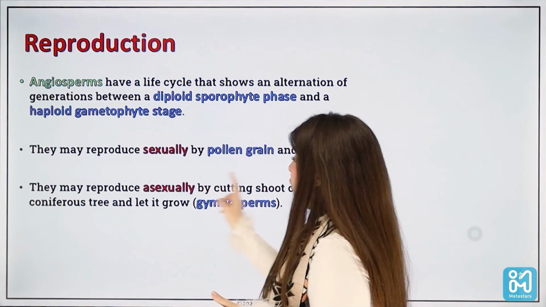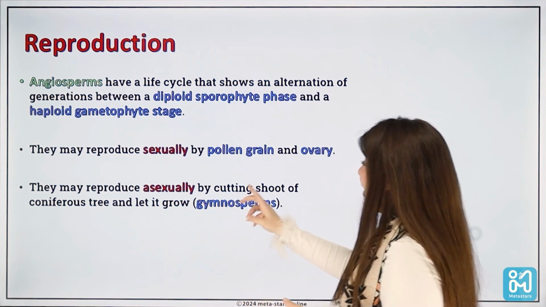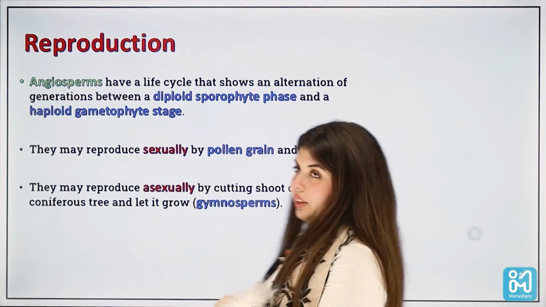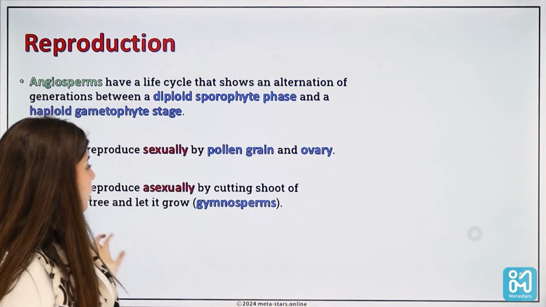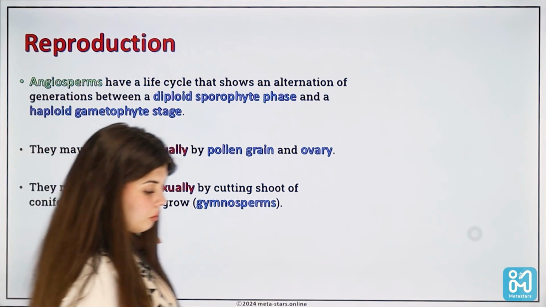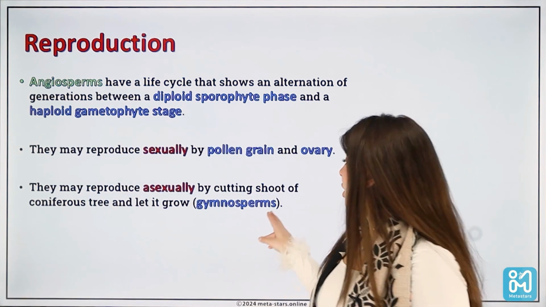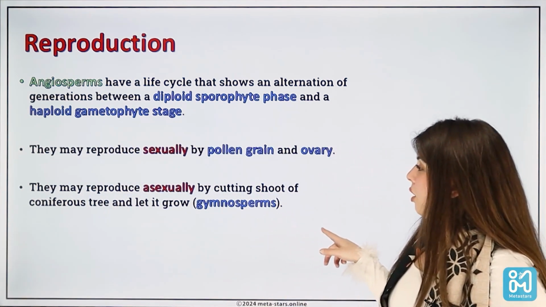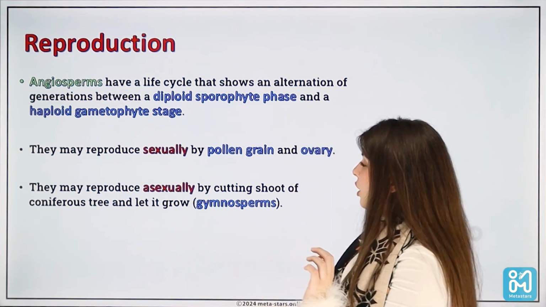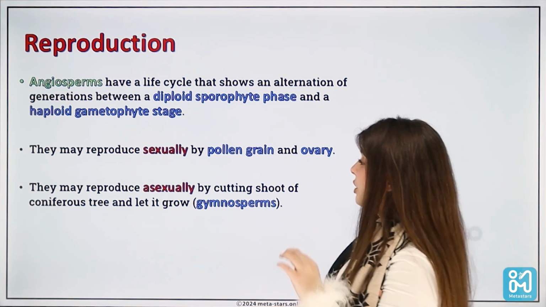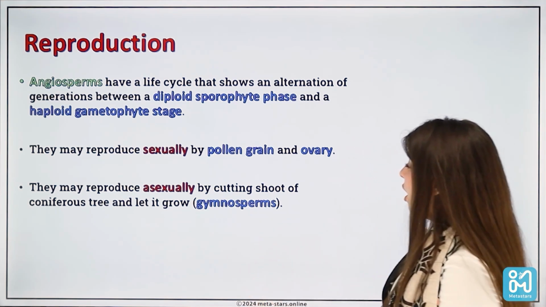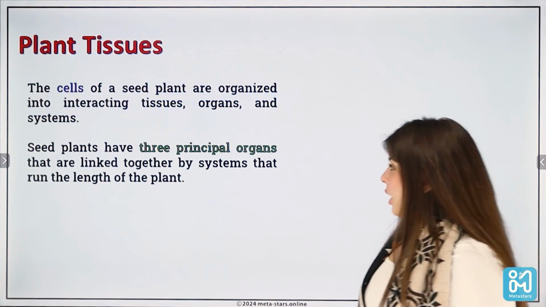Cutting a shoot of a coniferous tree and letting it grow is an example of asexual reproduction of plants. Please memorize this, because it will mainly come in the trials. Cutting a shoot of a coniferous tree and letting it grow is an example of asexual reproduction in gymnosperms.